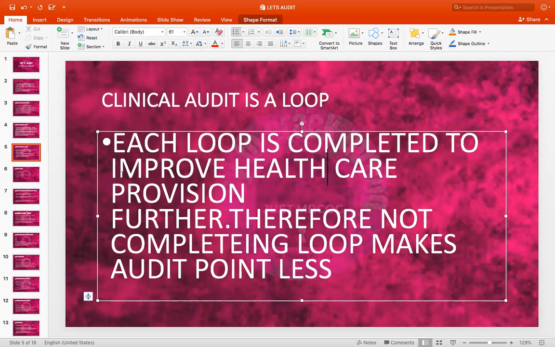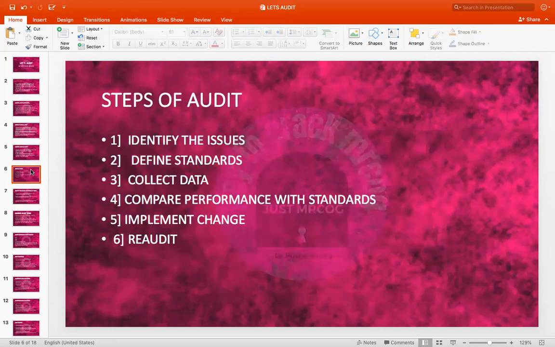Whatever has happened in the past, you cannot repair that. The purpose of auditing is to improve your healthcare in future. Therefore, if you are not completing the loop, you are making the audit pointless. This should be your reply.